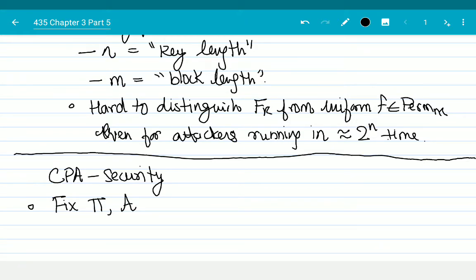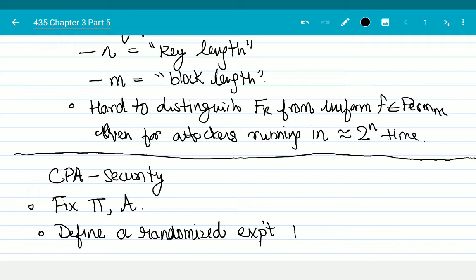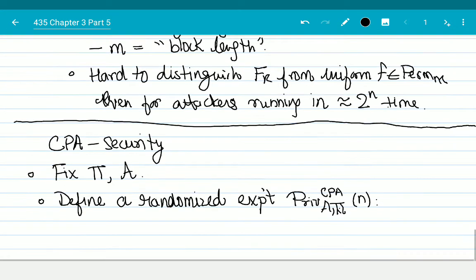Fix an attacker A, define a randomized experiment, the private key experiment for pi, CPA secure of n, as follows.